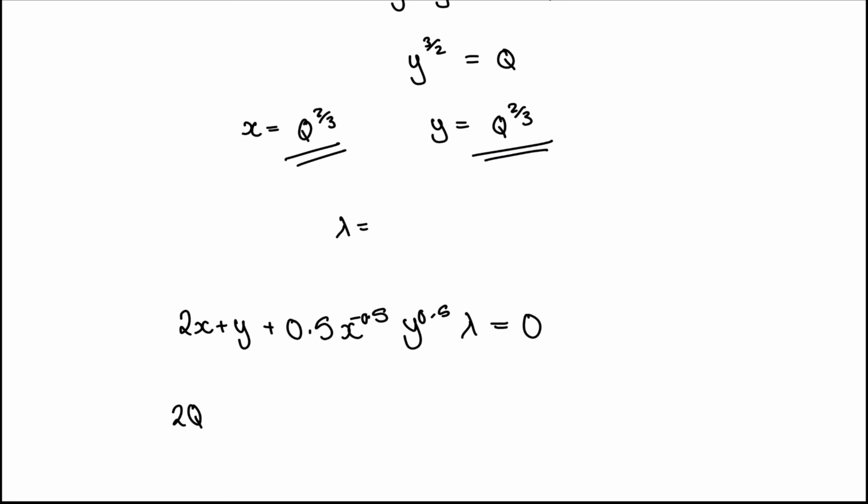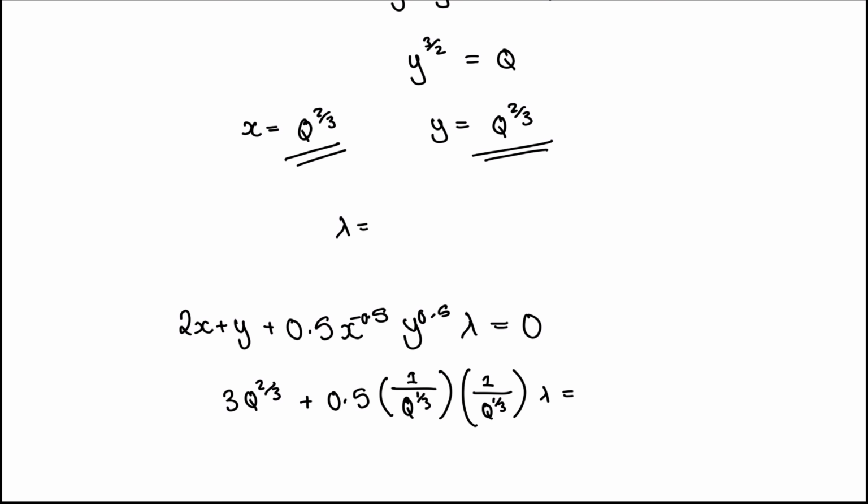We get 2q to the power of 2 over 3 plus q to the power of 2 over 3, which would just be 3q to the power of 2 over 3, plus 0.5 times 1 over q to the power of 1/3 and 1 over q to the power of 1/3, lambda is equal to 0.